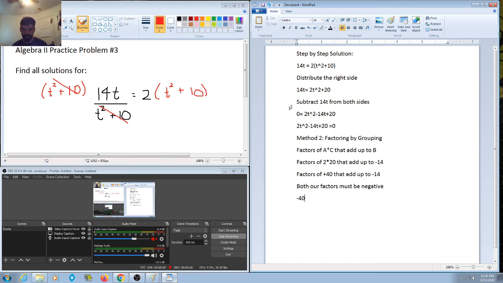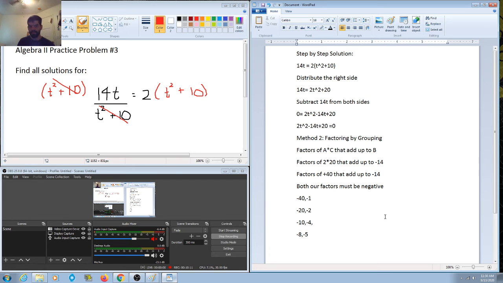This is going to be negative 40, negative 1, negative 20, negative 2, negative 10, negative 4, negative 8, negative 5. So those are our factors of 40. Now, let's see which one has a sum equal to negative 14.